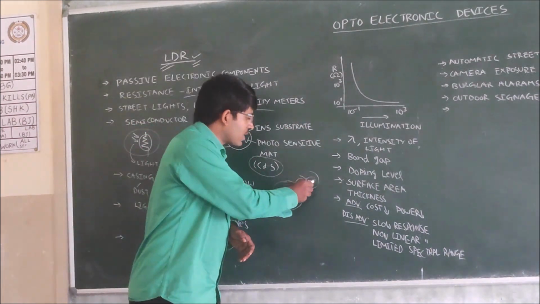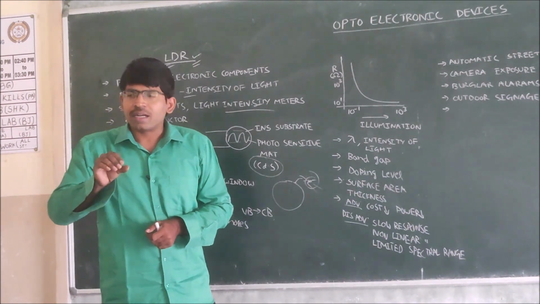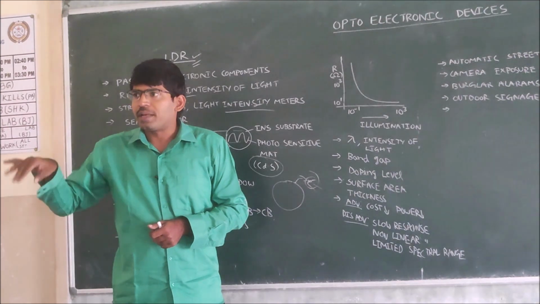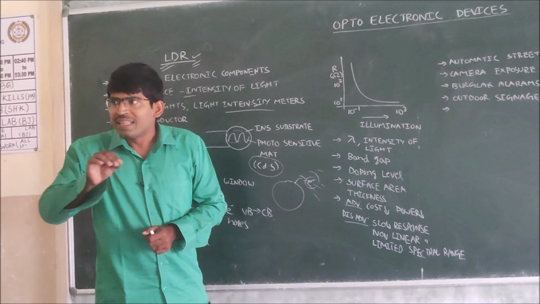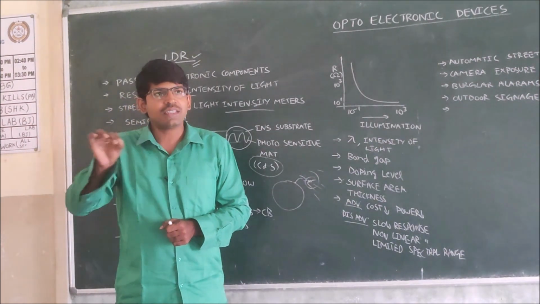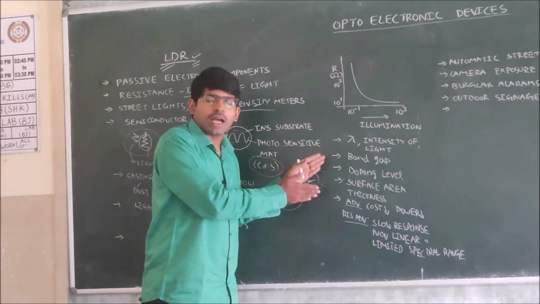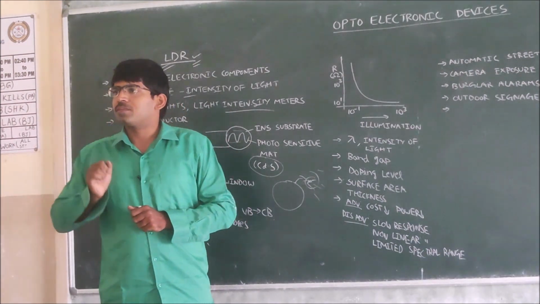We are calling these electrons free electrons. These electrons revolve around the atom, means in the interatomic gaps. If more free electrons are coming, then the resistance is decreasing.